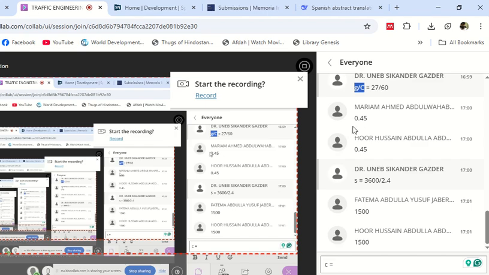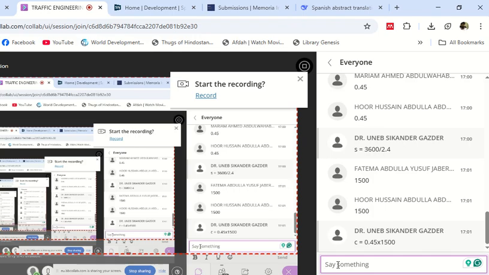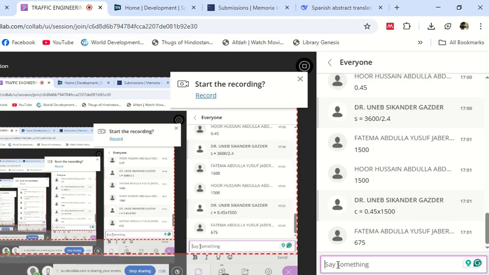That means out of the whole time, only 0.45 is effective green. So out of the whole 1500, I have only 0.45 available. So this is another method of calculating the capacity. Okay, so you can see both methods are giving you the same answer.